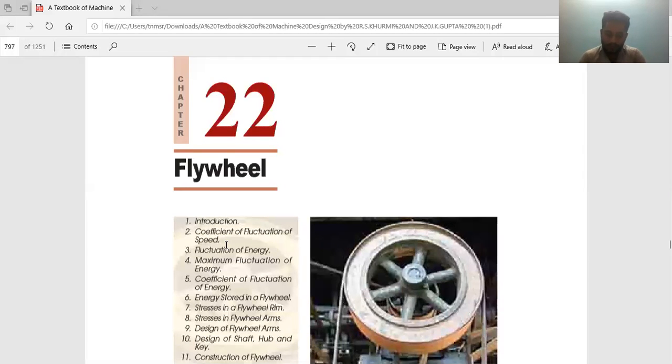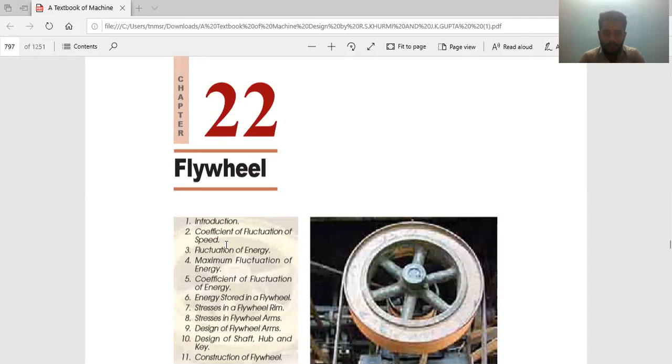Because 50 to 60% of the portions you have already done in your previous semester in strength of materials. Thin cylinder portions you have done in strength of materials, the same things you have to do again. And in flywheel, almost 60% you have done in dynamics of machine parts. Clear?